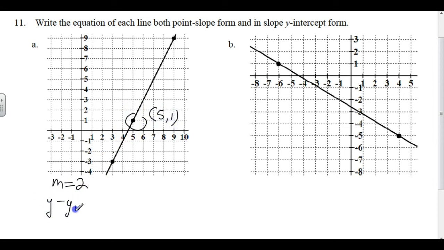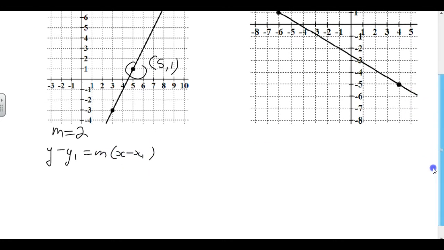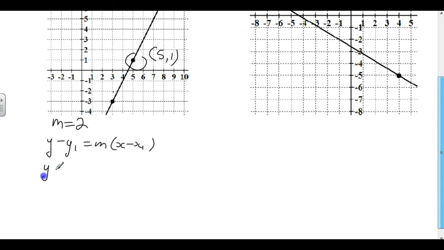So y minus y1 is equal to m times (x minus x1), right? Where do we always start in math? We start with the formula. y minus 1 is equal to 2 times (x minus 5). Okay, now that's point-slope form, right?